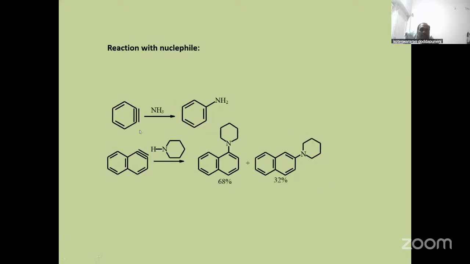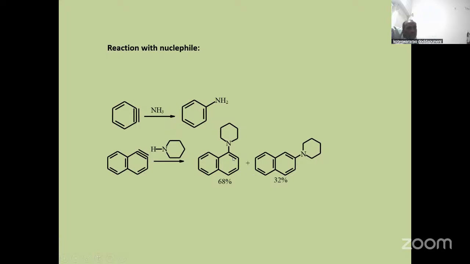Okay. Next, reaction with nucleophiles. It reacts with ammonia, which leads to the addition of ammonia on the triply bonded bond. Then it leads to the formation of aniline. In the case of piperidine, it undergoes addition reaction with the benzyne and leads to the formation of an addition product.